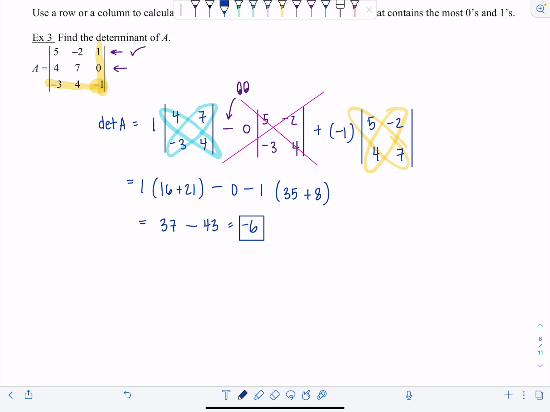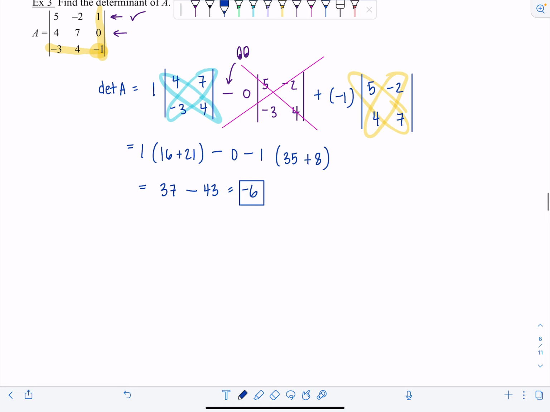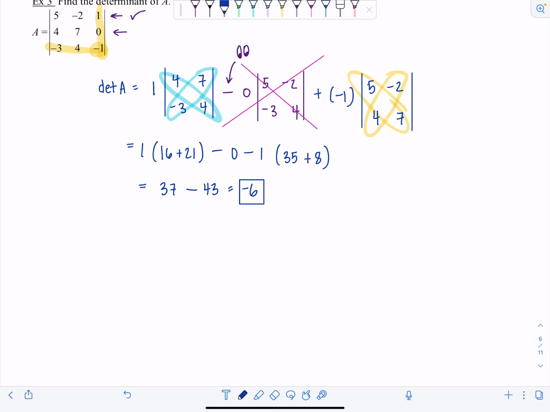Now let me show you another method that a lot of students like. It's very similar to how we take the determinant of a 2 by 2 matrix. And it's a little less thinking, so you might like it. So you write out the original matrix whose determinant you're trying to take.